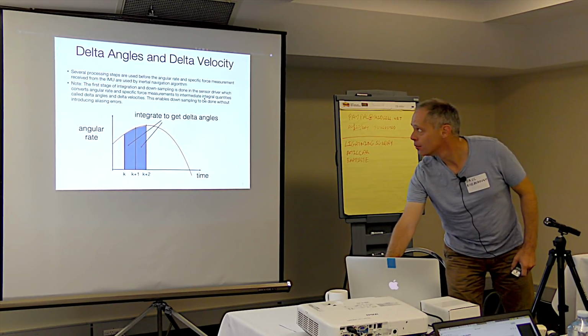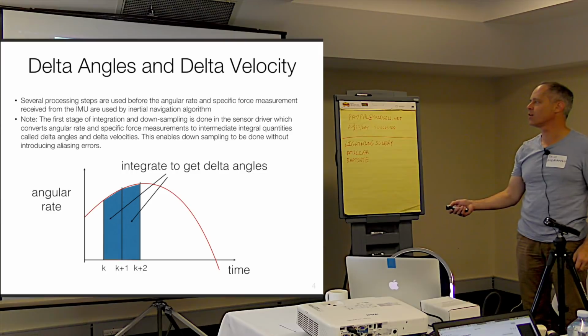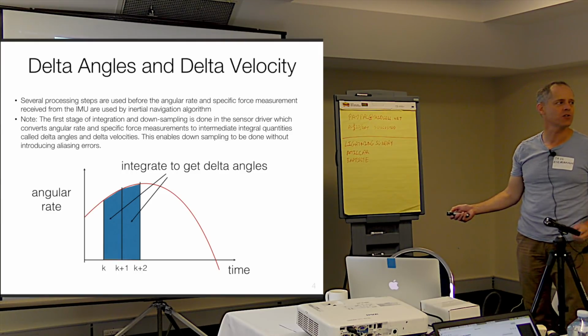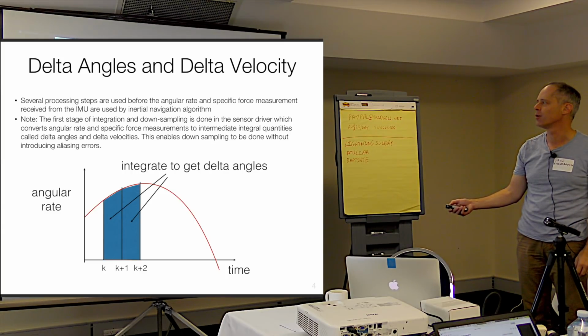Okay, and then just to say, when we get data from an IMU, we get measurements in degrees or radians per second, which is the rate of rotation of, for example, the gyroscope. What we do inside the driver for the sensor, remember the sensor is in the IMU driver, is we sample the IMU as fast as we can.